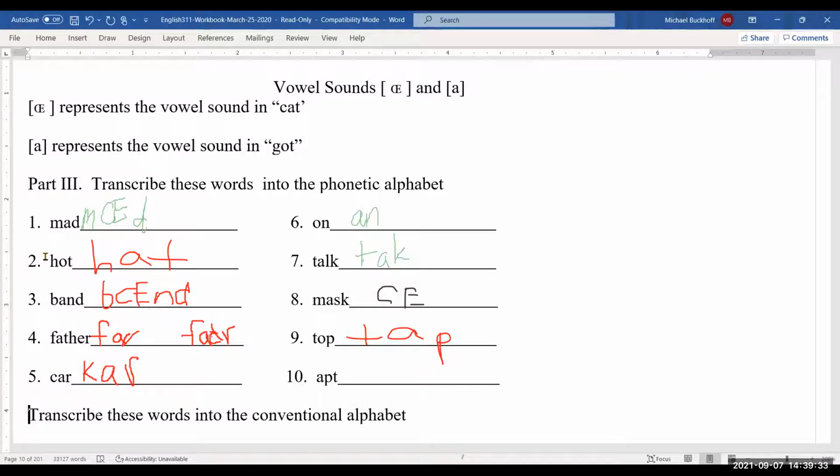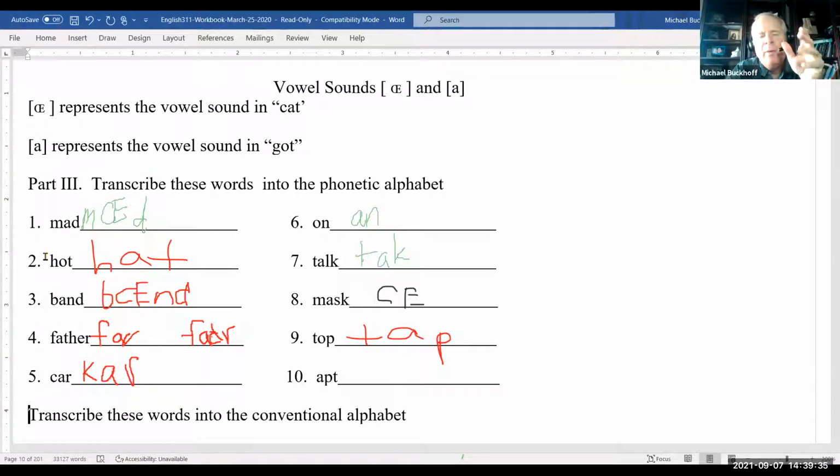Now, here's another question. When we produce vowel sounds, what is the major part of the vocal tract that influences vowel quality? Without it, you can't have vowels. Somebody do number 10. I'm just kind of reviewing as we go.